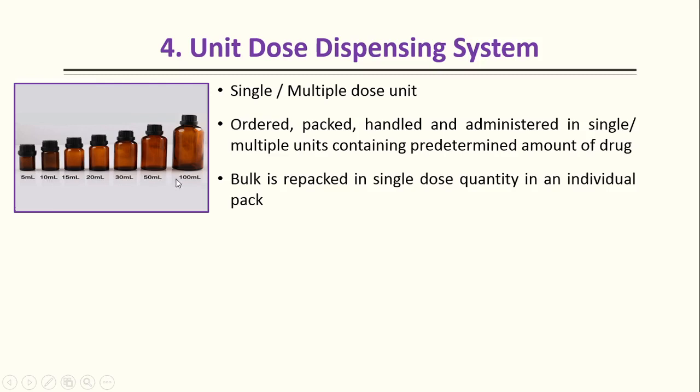Just remember, it is the conversion of bulk drug into single or multiple doses as per the requirement. If the patient requires 30 ml of drug, then it is transferred into a 30 ml container and then dispensed to that patient. That is called the unit dose dispensing system.